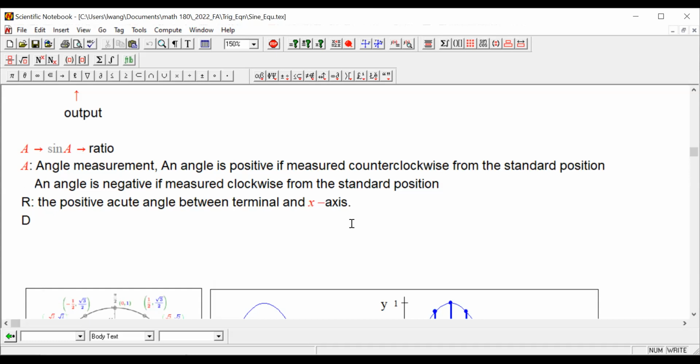Lastly, the definition. Of course, we set the stage.